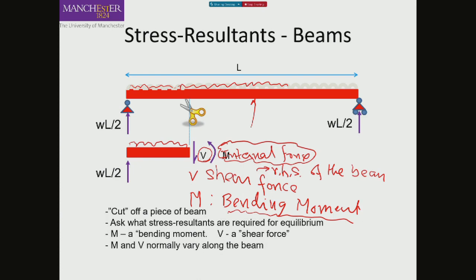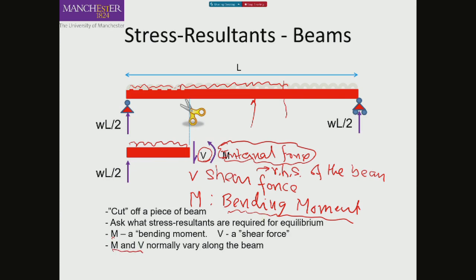So just to summarize, you cut off a piece of a beam and ask what stress resultants are required for equilibrium. So M is a bending moment and V is a shear force. And as I said, M and V will normally vary along the beam. So if you did a cut here, you will get different values of M and V. And just before I move on, to highlight, these V and M are internal forces or internal stress resultants.